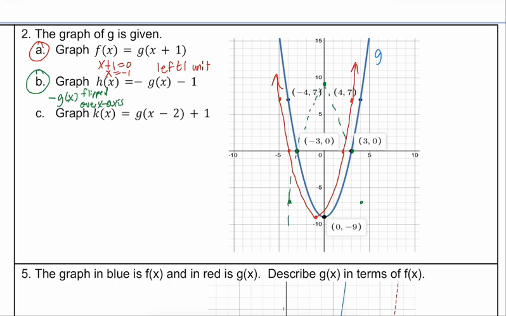Now that's what the graph would be if the graph was just negative g of x. It's the flip of it. But we have that minus 1 on the outside, so we now have to move it down 1 unit. So I like to do it in stages. Follow your order of operations. So now let's take my dashed green graph and take all those points we found, and let's just scooch them down 1 unit.